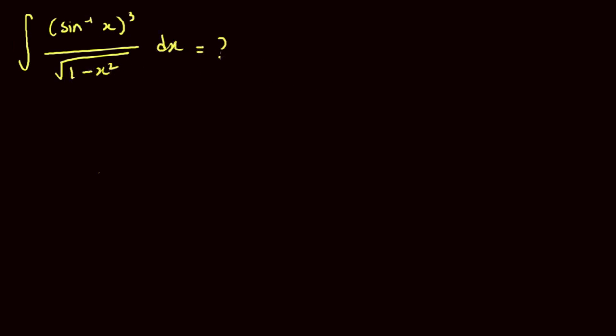So we're supposed to find the answer to it. Using trigonometric substitution, find the indefinite integral to this problem in terms of x. So I'll let you guys pause this video and give it a shot, and later we'll work out together how to solve the problem.